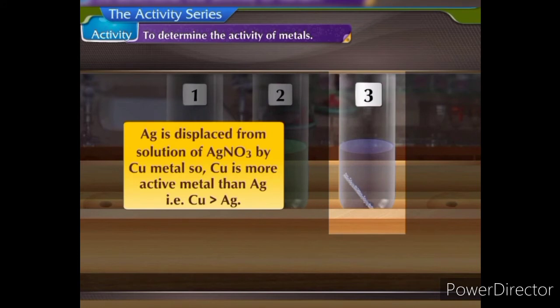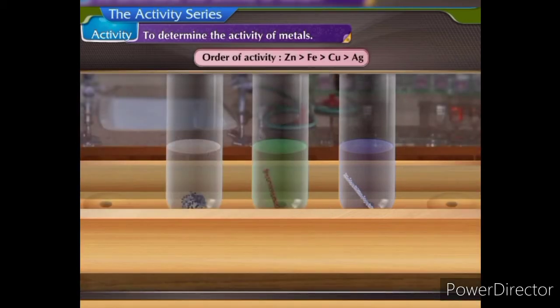And Ag is displaced from the solution of AgNO3 by Cu metal, so Cu is more active metal than Ag. Thus, the order of activity of all the four metals will be Zn > Fe > Cu > Ag.